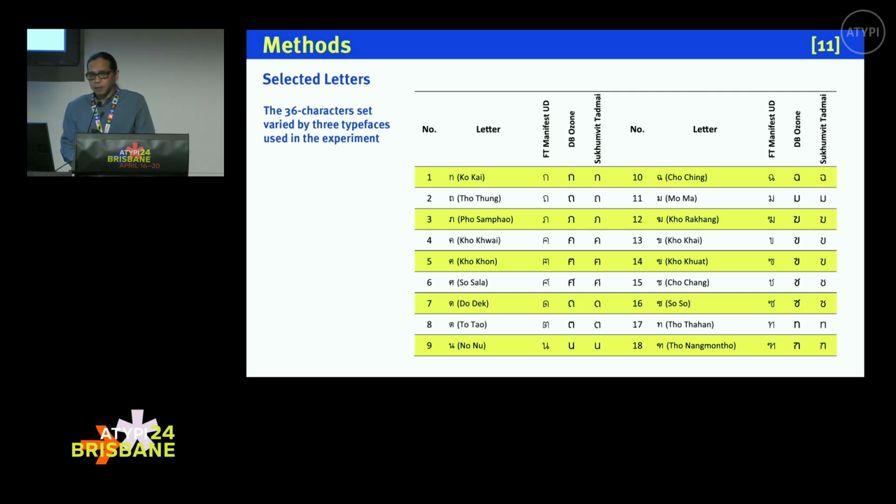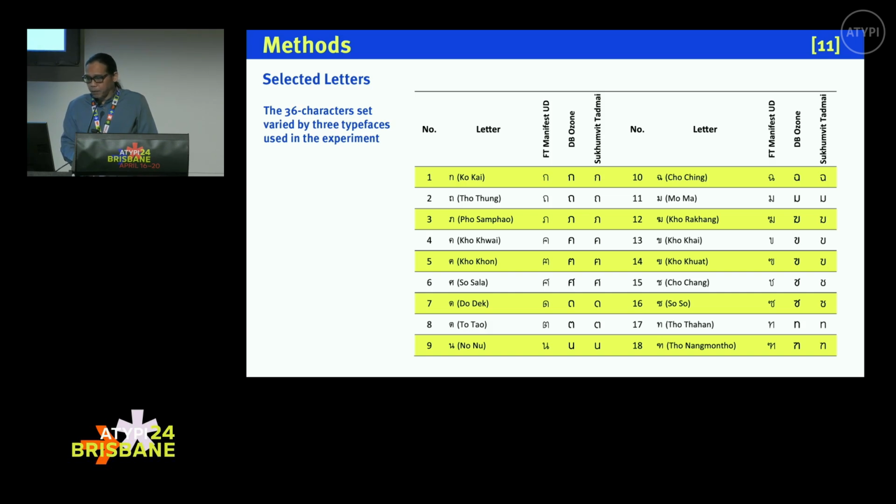The selected letters in the experiment employ a 36 character set varied by the 3 typefaces used in the experiment. I chose these letters for their similarity, the group of confusion pairs.